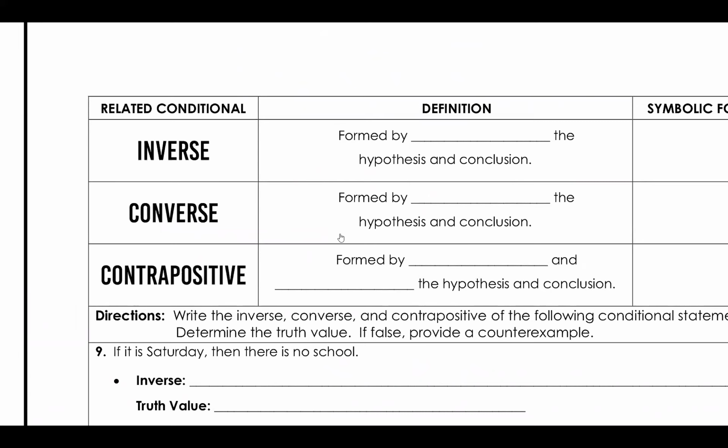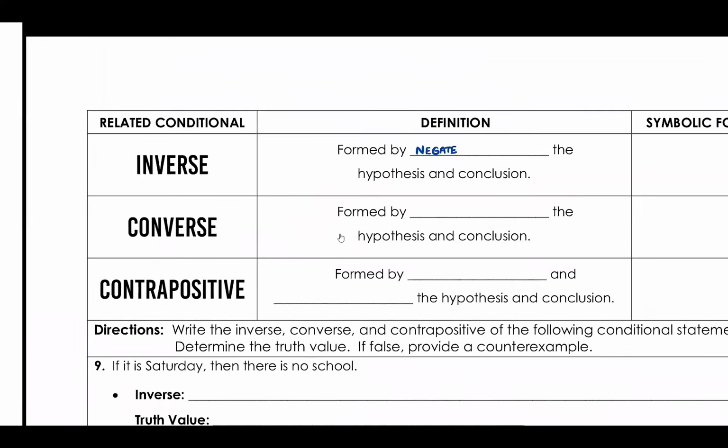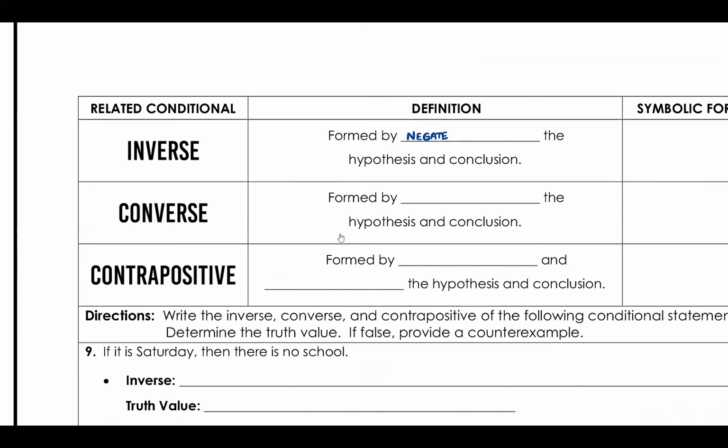To find the inverse, we are going to negate the hypothesis and conclusion. When we say negate, we're going to insert the word not. What did we do when we negated something in our last couple units?